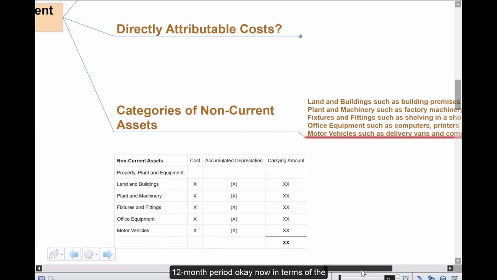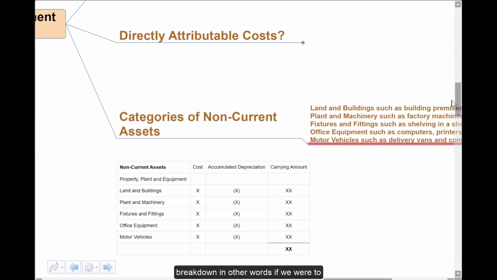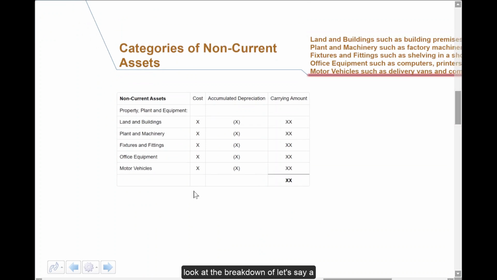Okay? Now, if we were to look at the breakdown of a given business under non-current assets, we see the variety that we've just run through. We see three columns. We see the cost, or the original cost. We see accumulated depreciation, back to that in a moment, and we see carrying amount.